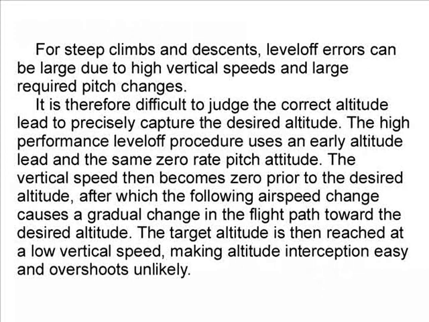The vertical speed then becomes zero prior to the desired altitude, after which the following airspeed change causes a gradual change in the flight path toward the desired altitude. The target altitude is then reached at a low vertical speed, making altitude interception easy and overshoots unlikely.